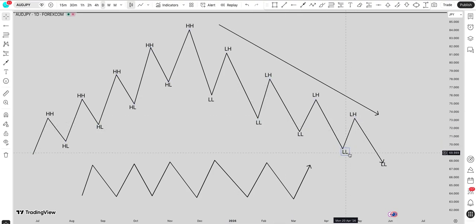The new low is lower than the previous low, and the high, this high is lower than this high. This high is lower than this high, and this high is lower than this high, and so on. So combining both of them together, it gives us lower low, lower high, lower low, lower high, lower low, lower high. These are the criteria of having a market structure.